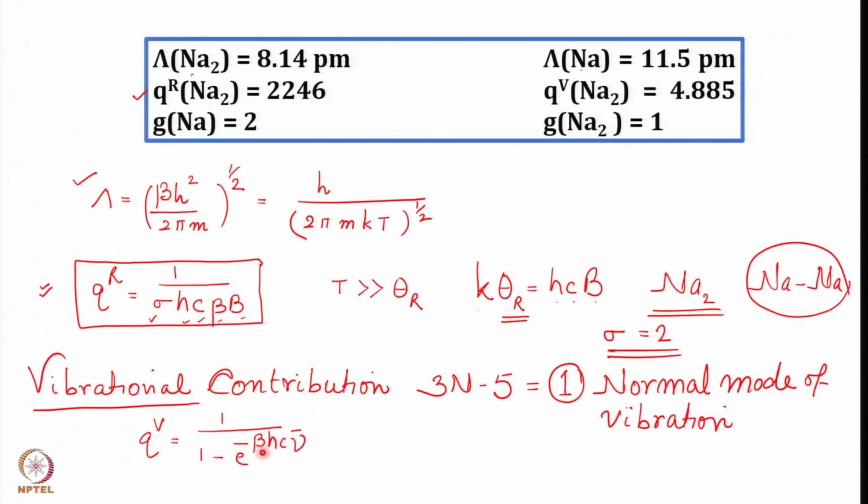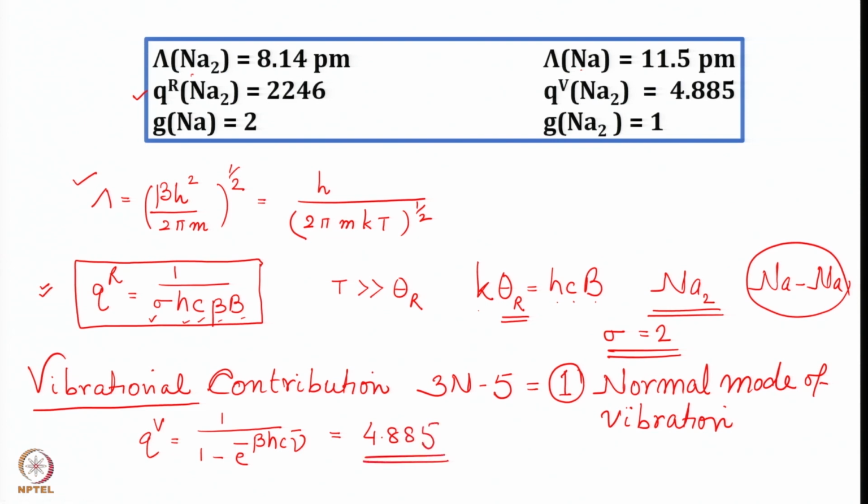You know beta is 1 over kT, you know Planck's constant, you know speed of light, and we know the vibrational wave number. Once you substitute these numbers, what we have is 4.885. This is the number that we are going to get.